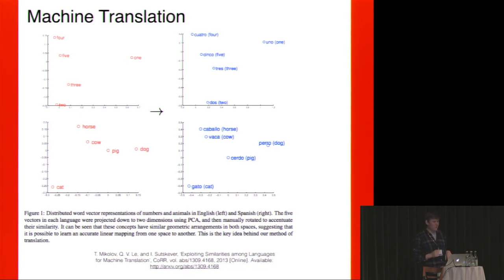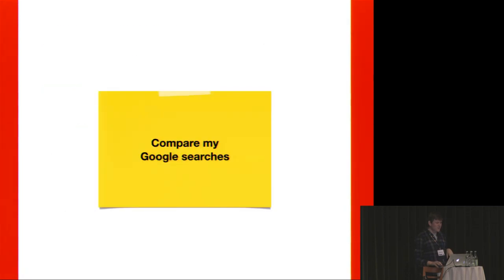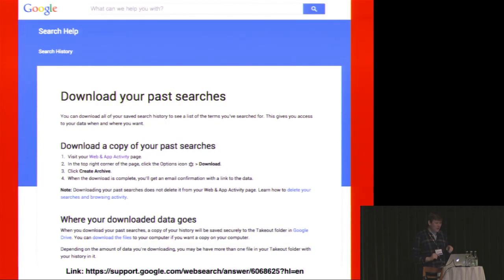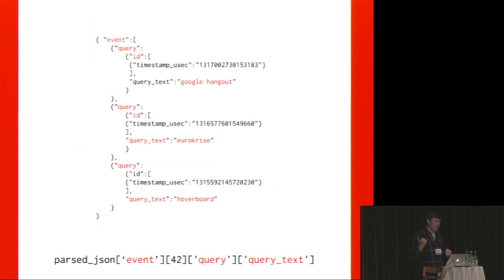So that's really cool. Another thing I've been using this for is to compare big text sources. For this talk, what I actually did is I compared my own Google searches. You can go on Google and download all your searches, and you get a bunch of JSON files for different times. It might look a lot like this.